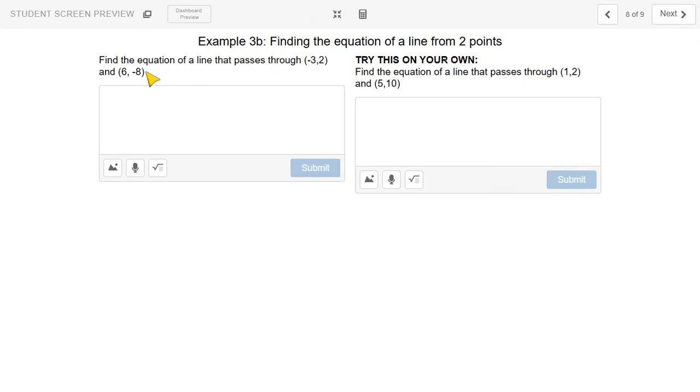One more example. Find an equation of the line that passes through negative 3, 2 and 6, negative 8. Let's find the slope. Our slope, negative 8 minus 2, and in the denominator, 6 minus negative 3.